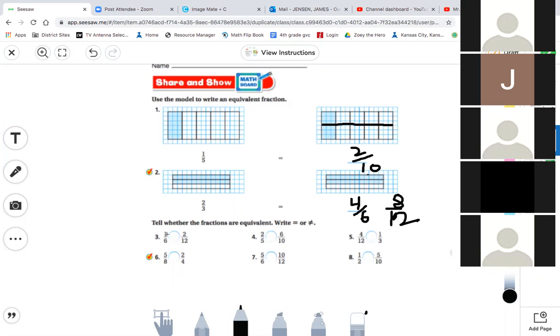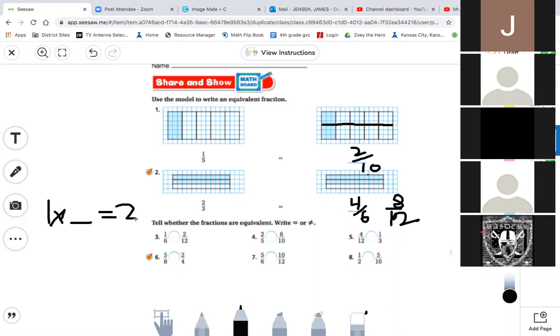Joseph, 1/6 and 2/12. Let's find out if they're equivalent. Joseph, what do you multiply 1 by to get 2? 1 times what equals 2? 1 times 2 equals 2.